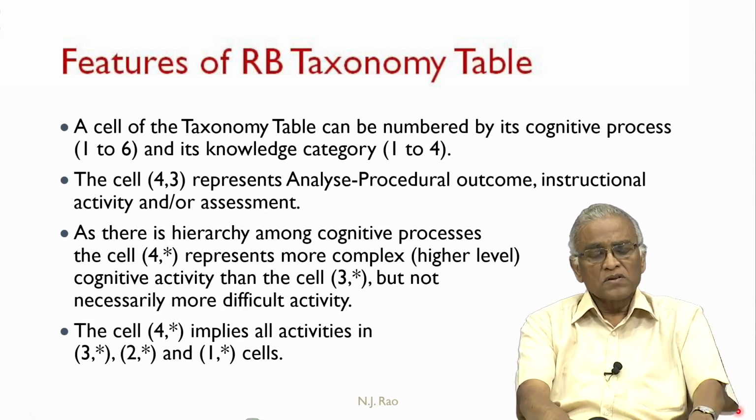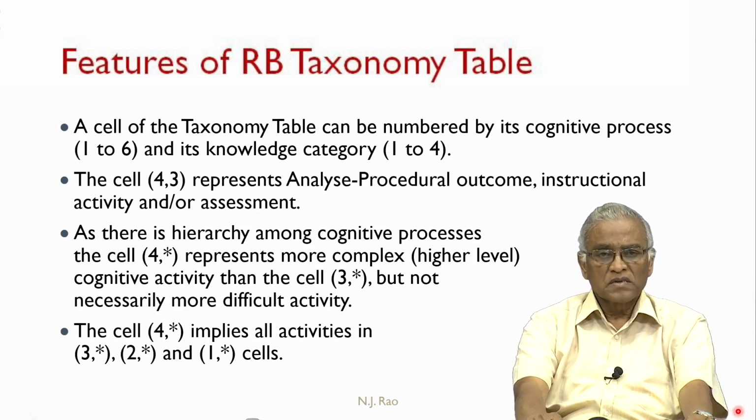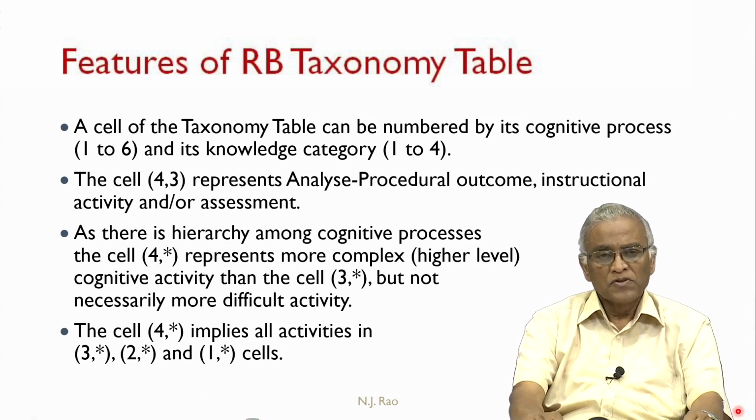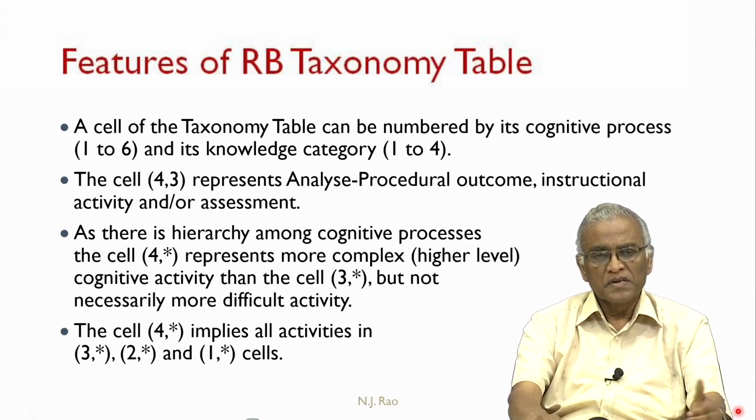And one can also in one sense look at this complexity. If the bottom rows are not populated at all at any level, then that means we are constraining the quality of learning of the students. Okay.